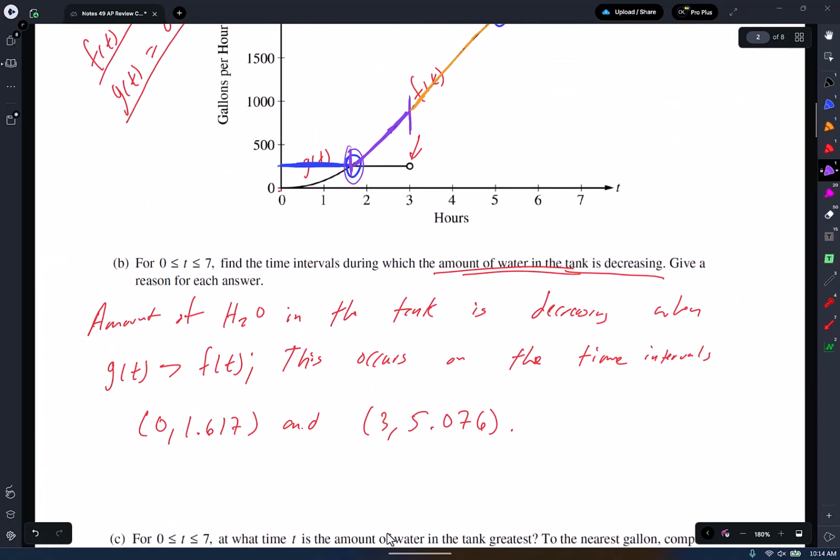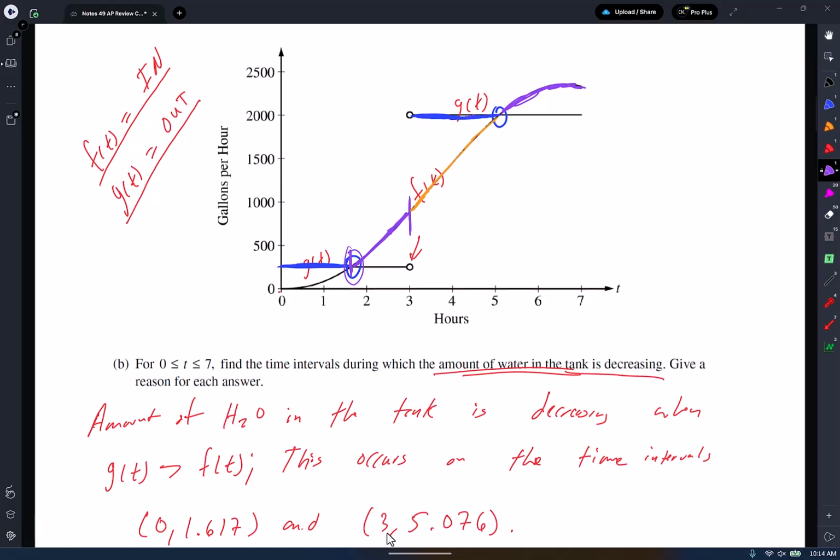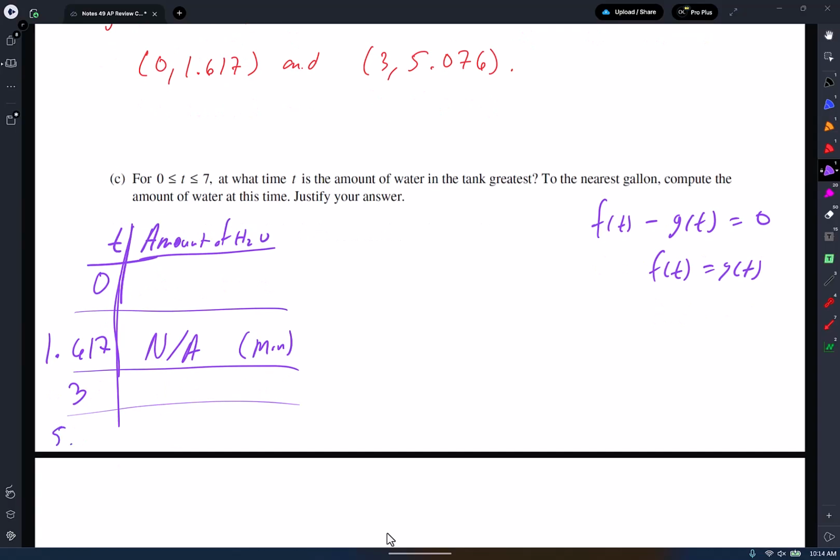And at... yeah, and then what was the other one? 5 point what? 5.067. Is that another min? Oh wait, 5.076. Sorry. 5.076. That's another min, right?